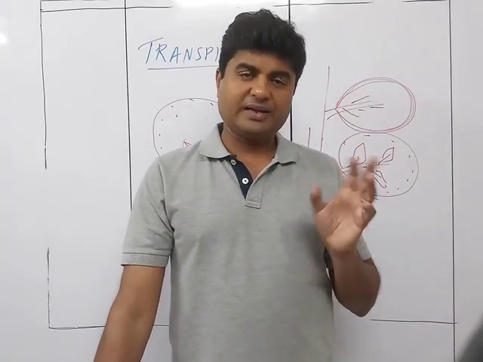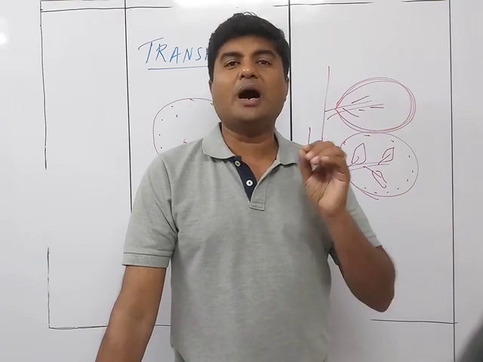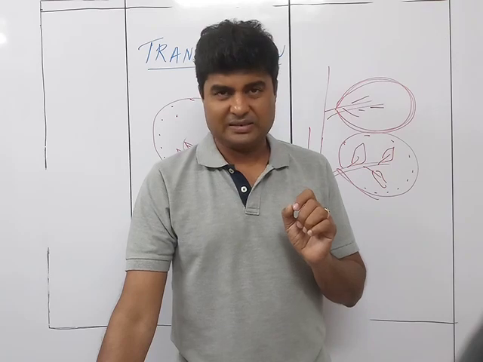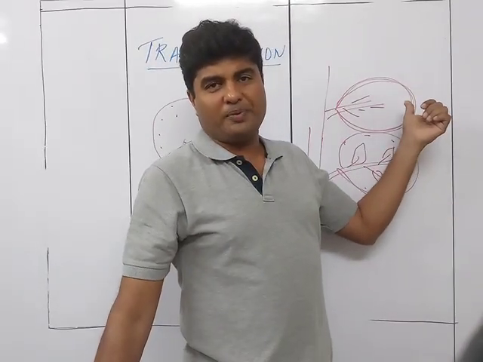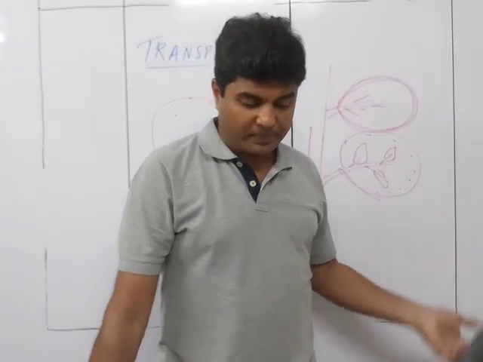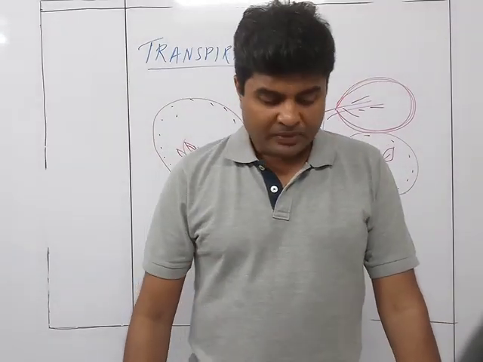Of course, there are certain areas of the branches and the stem also which transpire, but the amount of transpiration is very less. So it will not form into droplets over here. Here you will see the droplets, showing that plants lose water from the leaves.